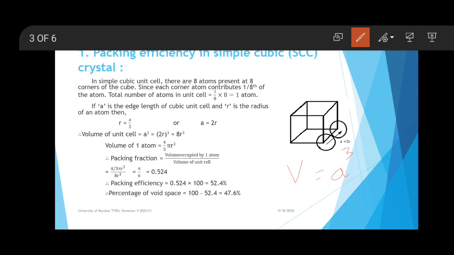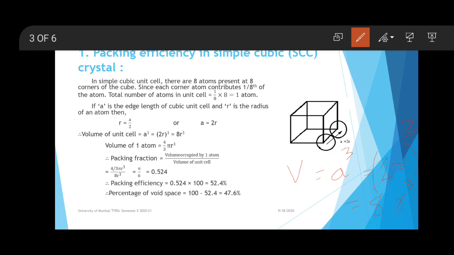Here A is equal to 2R, that means it becomes (2R) cube. If you solve that, what is the cube of 2? That is 8R cube. So volume of unit cell is 8R cube. Everybody understood that?